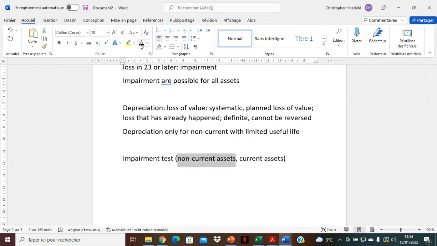All right. So what is an impairment test actually? What does that mean? Well, it means I will compare the book value of my asset, so the accounting value of the asset, compared to, I will call it generally a benchmark value.